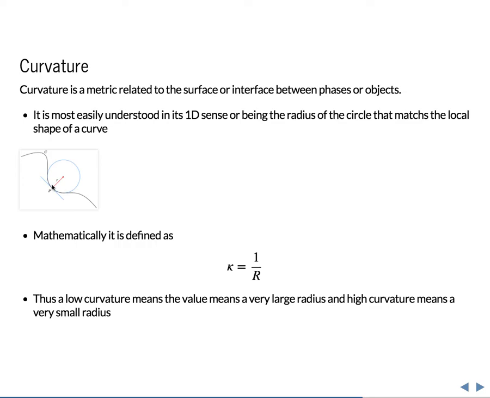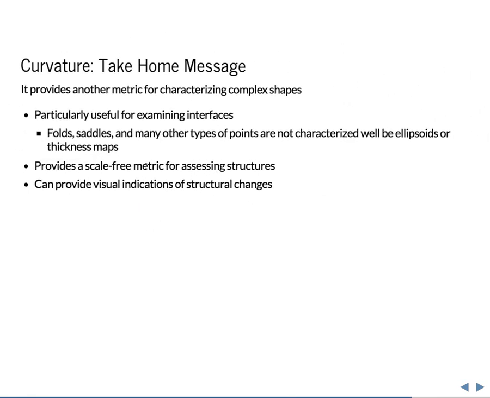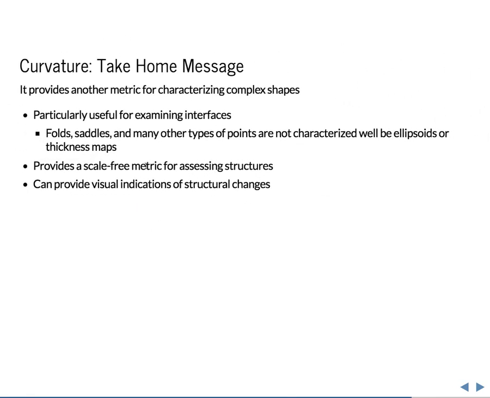So it's very sensitive to these small fluctuations. If you do have issues with noise in your data, curvature is going to make this much worse and much harder to see the effects you're really interested in. But there are many groups that use these tools, and if you have very high quality imaging data, they can be very useful.